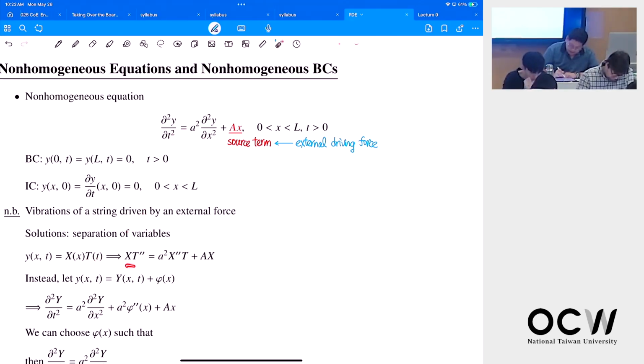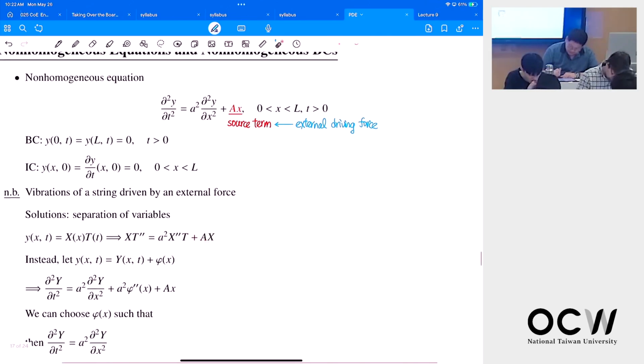And now you see that I still have an additional term here. To deal with this additional term ax, we can say that actually my solution is y of x,t plus a function of x. Kind of like changing variables, okay? Change the variables, then we can eliminate this external force, this external term.